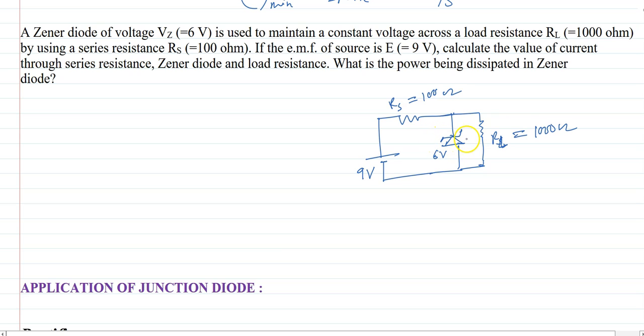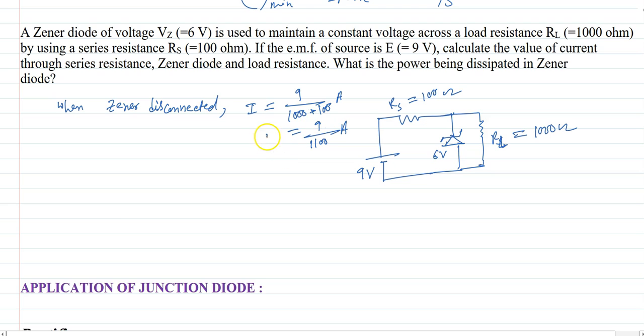First I have to check, if I disconnect the Zener, then the voltage across RL. The current will be 9 by 1000 plus 100 ampere, 9 by 1100 ampere, and the voltage across RL, VL, will be I into RL, 9 by 1100 into 1000.